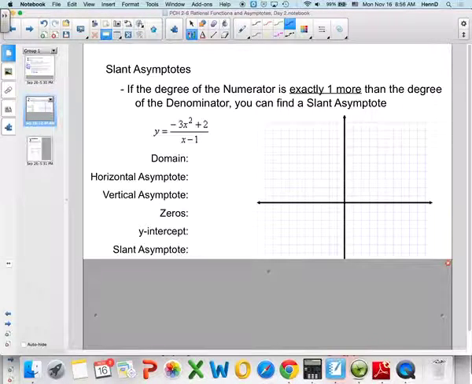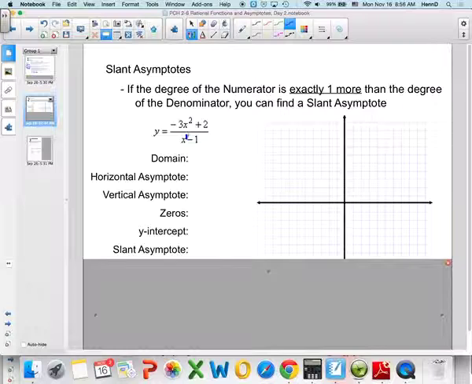The situation is that this only will occur if the degree of the numerator is exactly one more than the degree of the denominator. This one will, because this is an x squared, and this is x to the first. It's exactly one degree higher in the numerator than in the denominator.